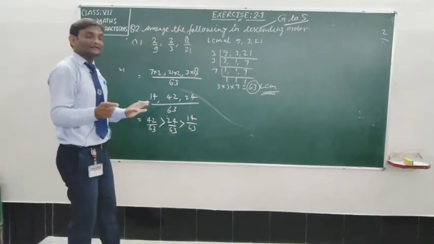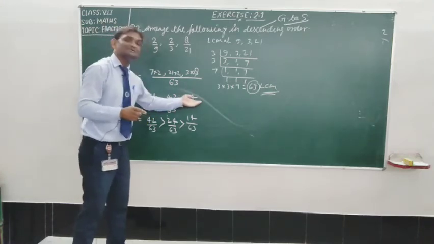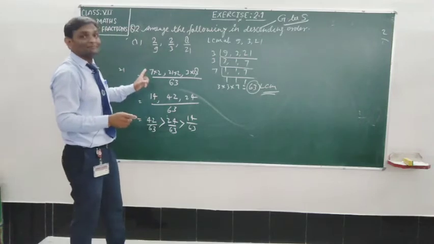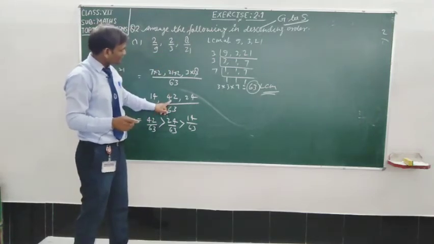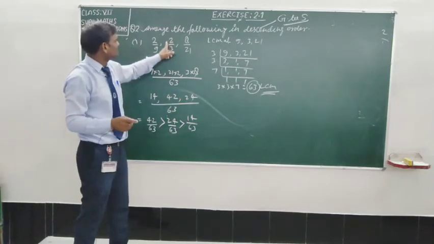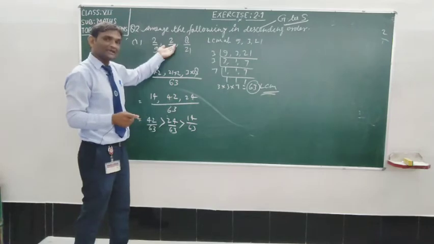But student, this is not question. You need not write the descending order of these numbers. You need to write the descending order of these fractions. But student, I have told you that 42 has come on the place of 2 upon 3. 42 किसके प्लेस पर है 2 upon 3 के.